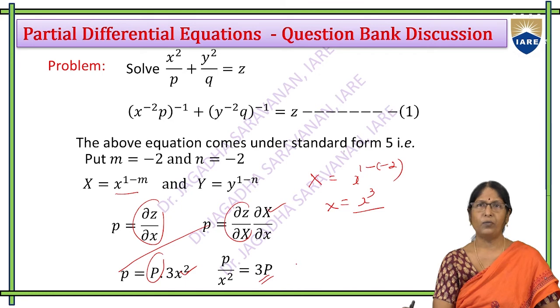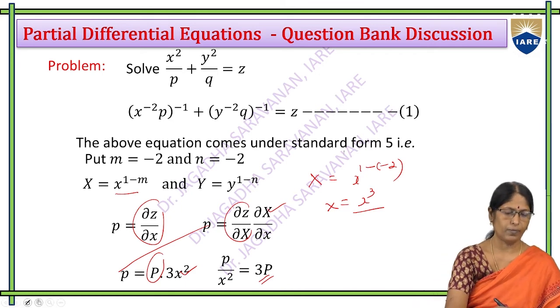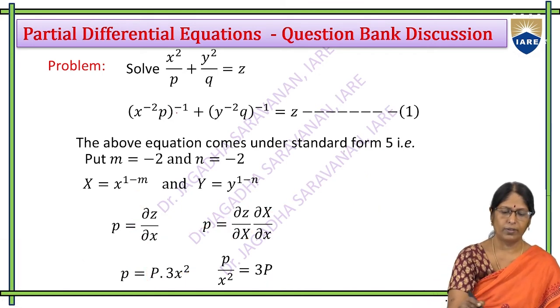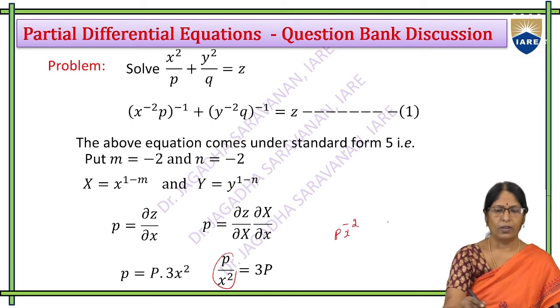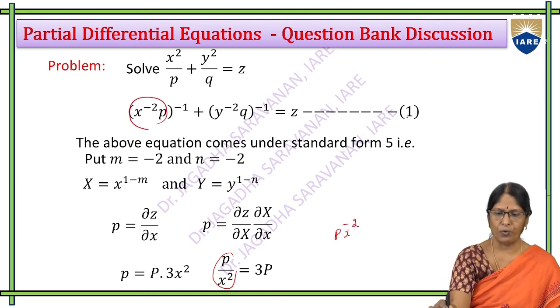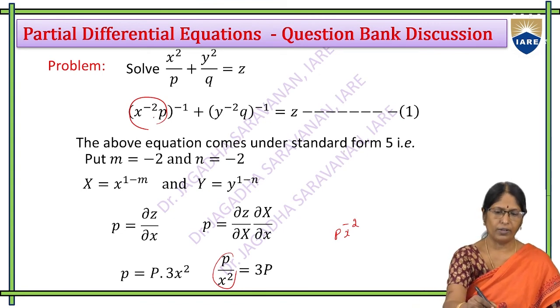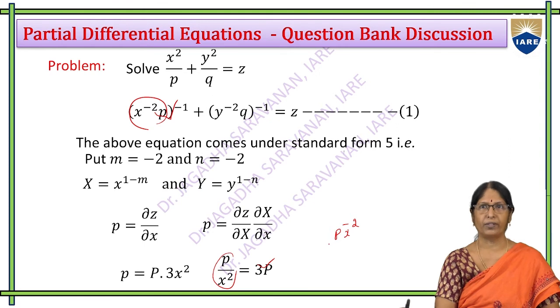So the idea we have to see, this p by x square we can write as p x power minus 2, our question, what we modified. So better in this particular place, the 3p can be replaced.